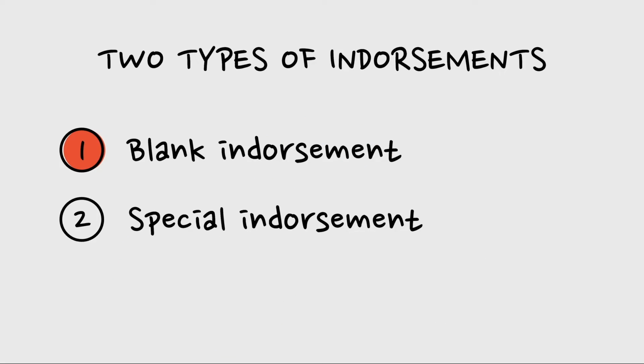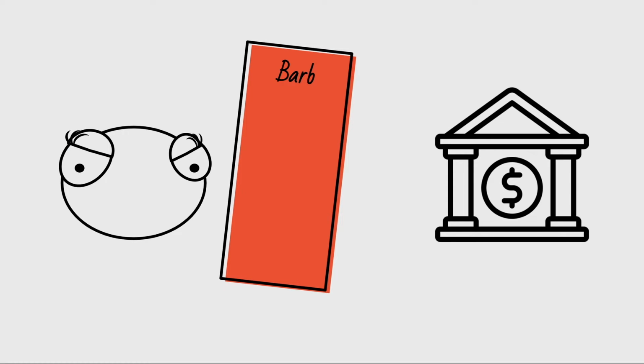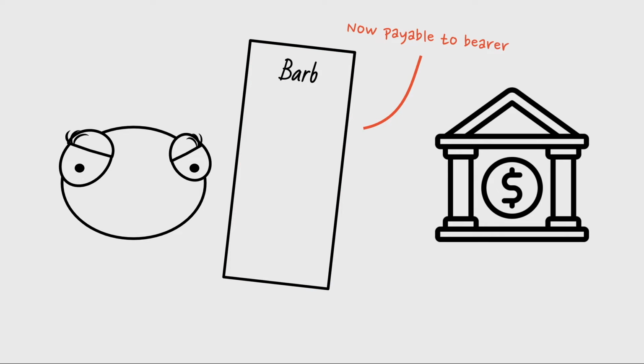Let's look. One possibility is Barb makes a blank endorsement on this check that's made out to her. And a blank endorsement is just signing your name. Just your name on the back here, Barb. That blank endorsement turns the check into what's called a bearer instrument.